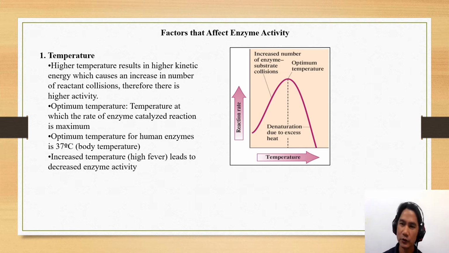As the molecules move with higher kinetic energy, there will be a higher probability of collision between the substrate and the enzyme. So when they move, the enzyme binds to the substrate because of collision.